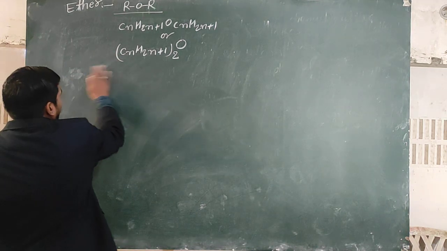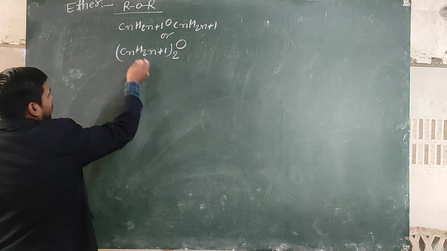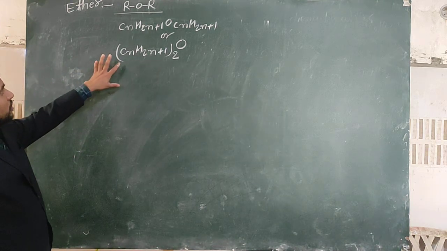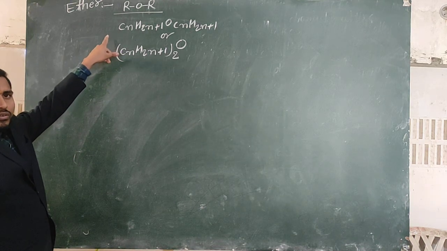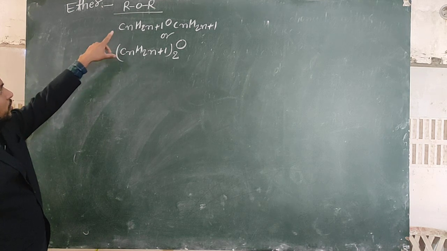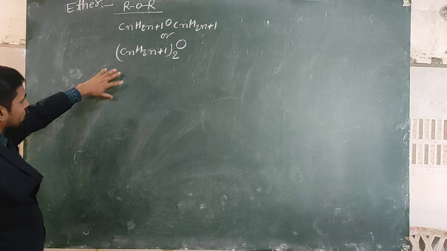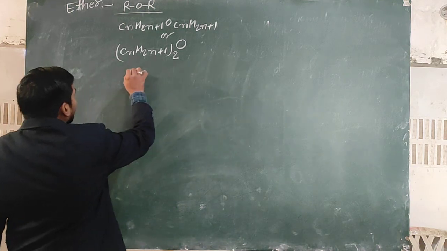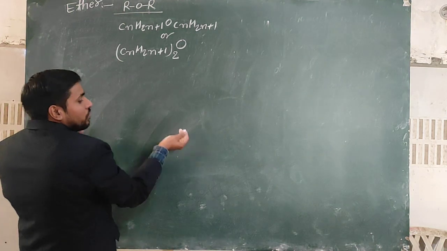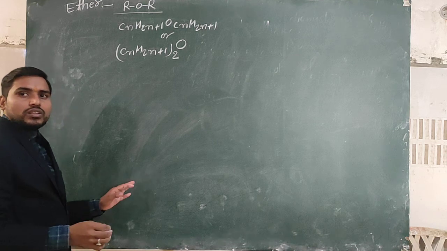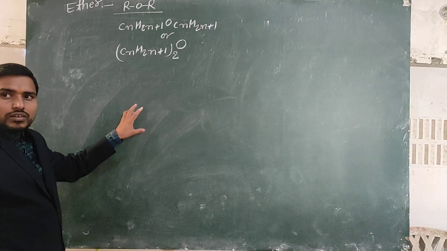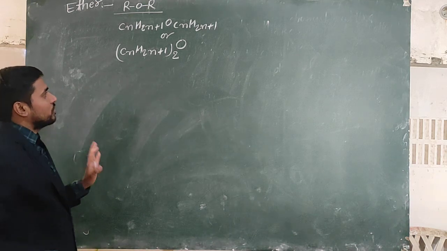Okay, but you can explain the definition of ether that when oxygen is present in between two alkyl groups, then it is known as ether, or when oxygen contains two alkyl groups, then it is known as ether.